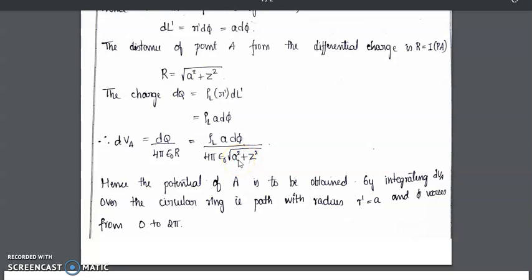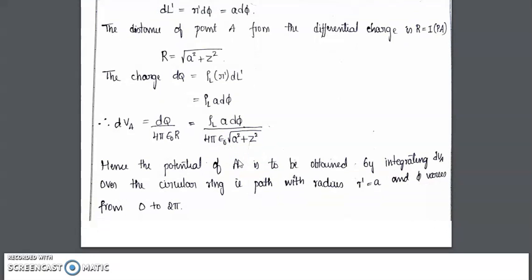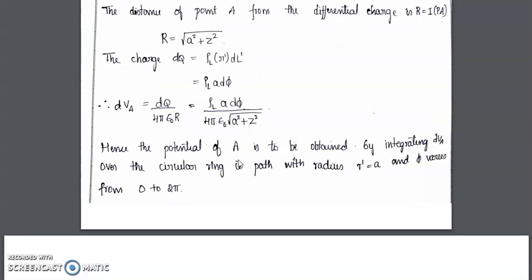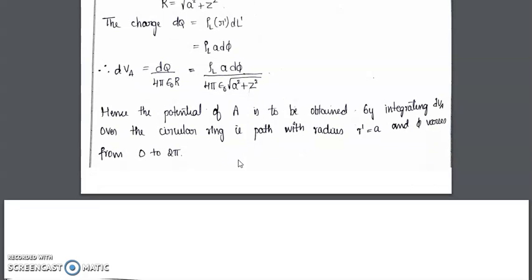Substituting that, you will get this expression. To find the total potential, we have to integrate with respect to phi. The limits for phi are from 0 to 2 pi.